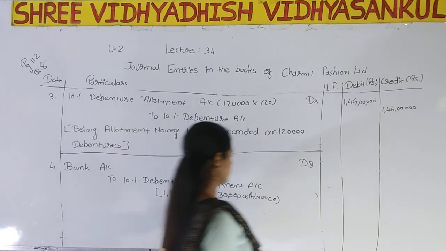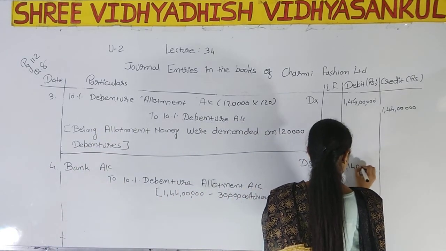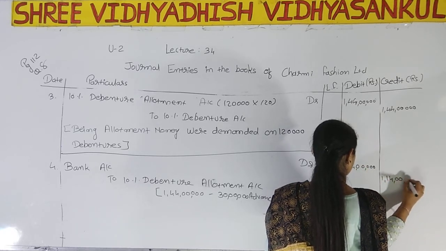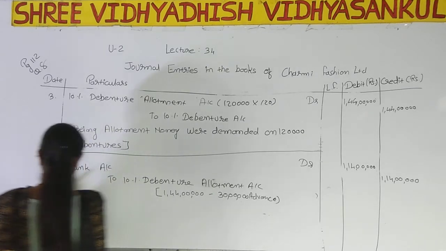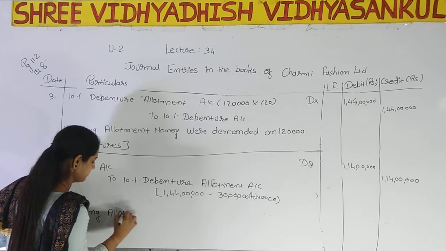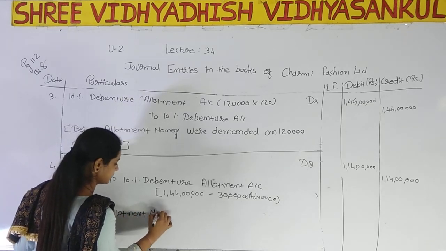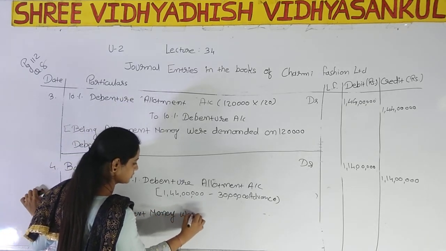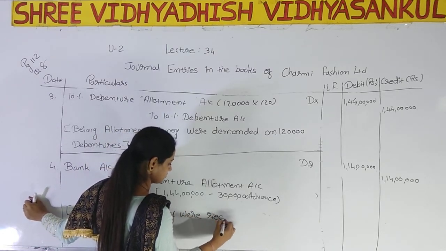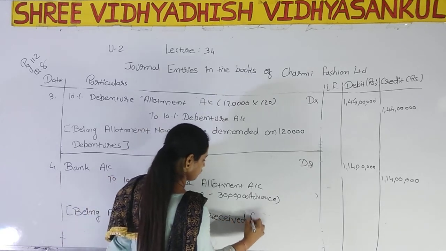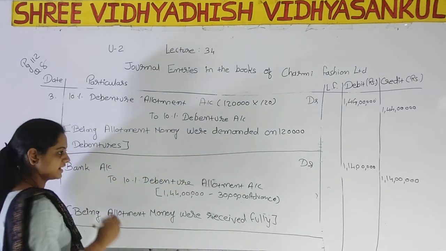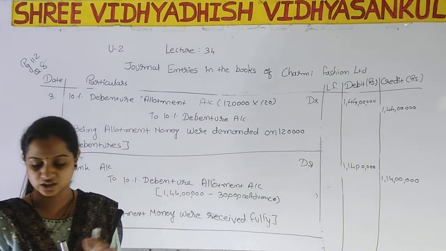So right now we are going to receive only 1 crore 14 lakh rupees. Into bracket we have to write bill: allotment money were received. Write it over, underline. Again do underline and do the total by yourself.